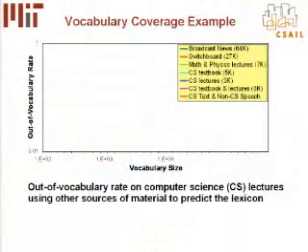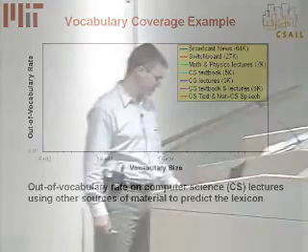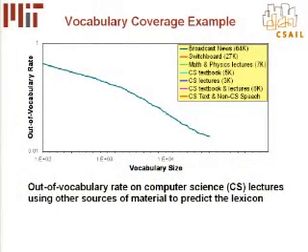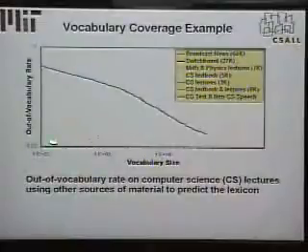Okay, so then we're curious about how we can cover these words. And so we looked at a particular set of computer science lectures and what the added vocabulary rate was when we derived the vocabulary we're going to use for the recognizer from a variety of sources. So, for example, if we use the broadcast news corpus going all the way out to all 64,000 words in broadcast news, our added vocabulary rate is still over 1%.